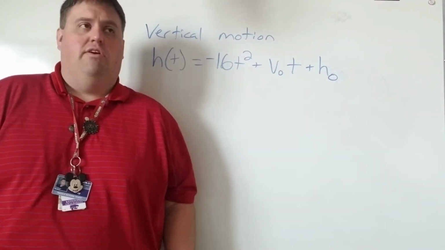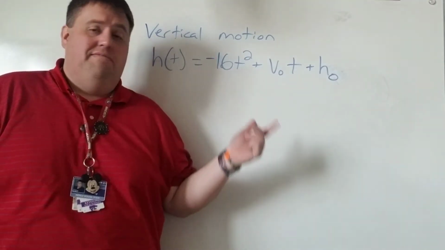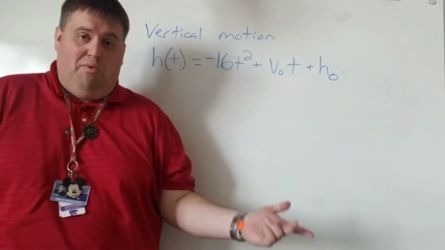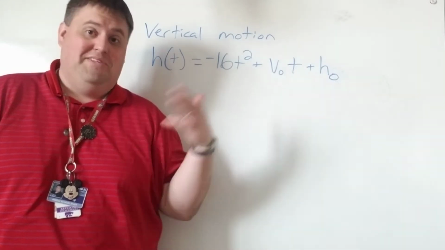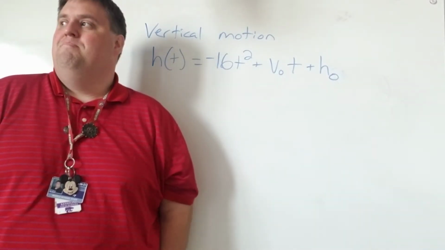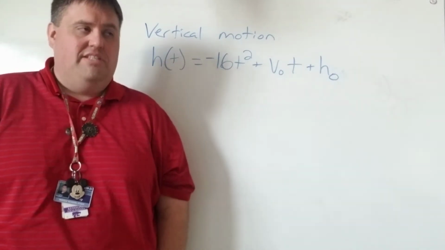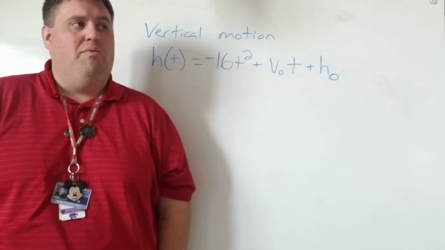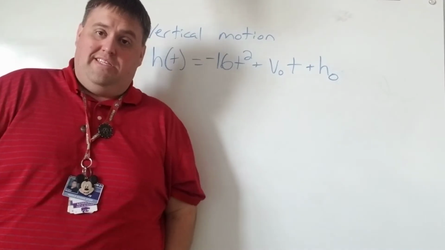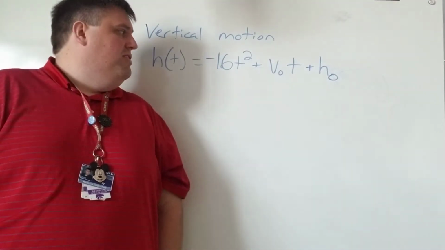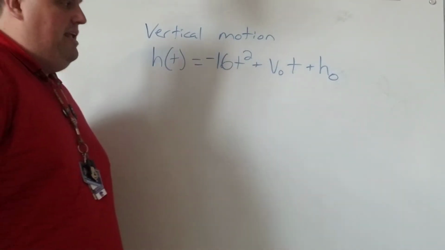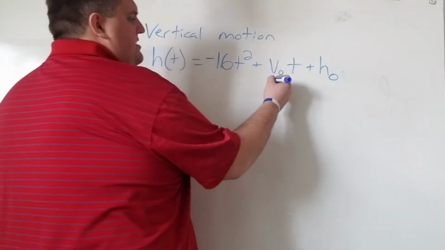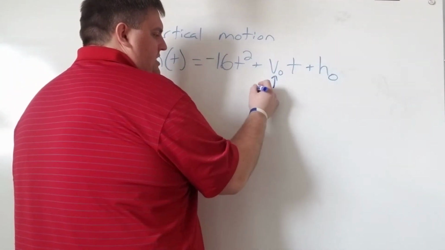And that's why these vertical motion problems are always going to have this negative 16 in there, unless you're doing one in outer space or something like that. But on the planet Earth, every time that we throw something up, it comes back down at the same constant, because that's how gravity works, right? So that negative 16 represents that number. This v sub o is initial velocity.